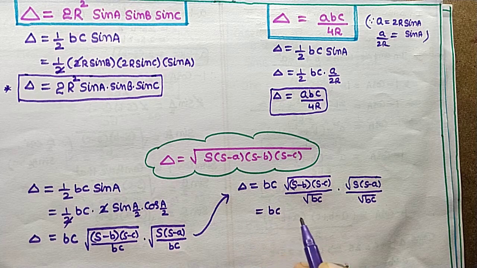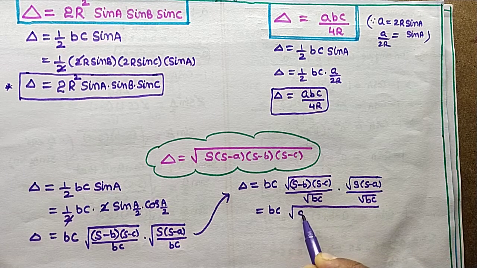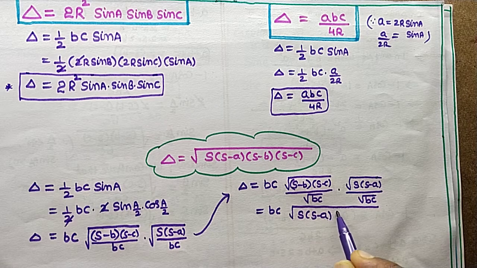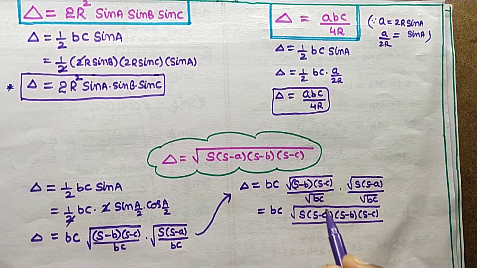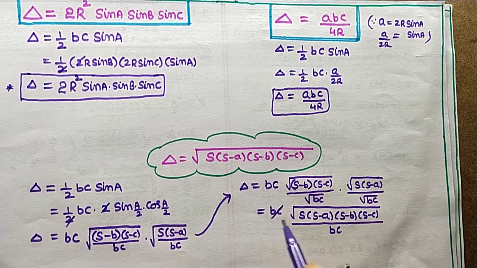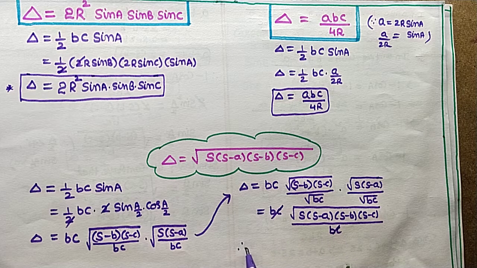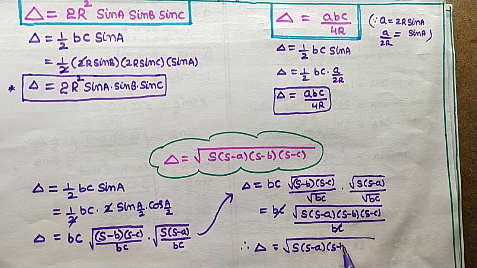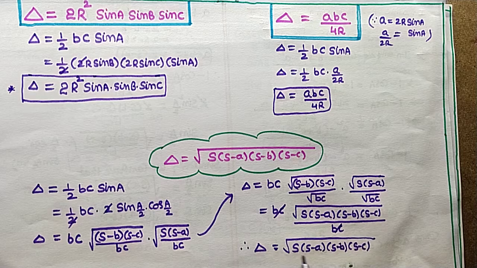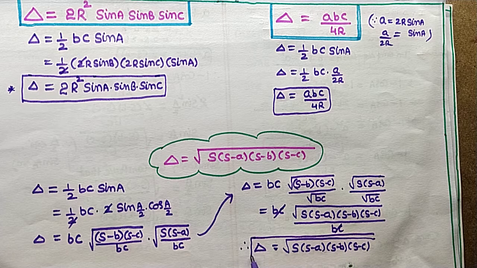So we get root of s(s minus a)(s minus b)(s minus c) divided by bc. Here bc gets cancelled. Therefore, the area of triangle delta equal to square root of s(s minus a)(s minus b)(s minus c). This is about the area of triangle in terms of different formulae.